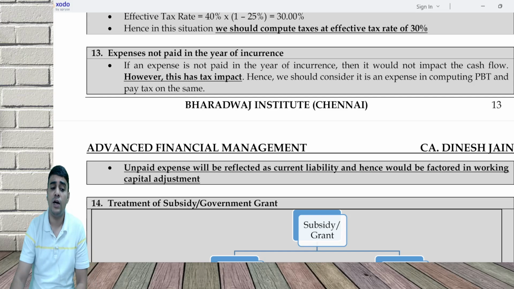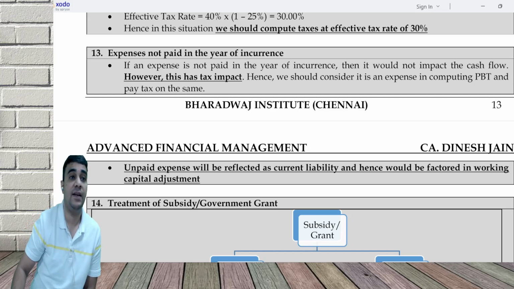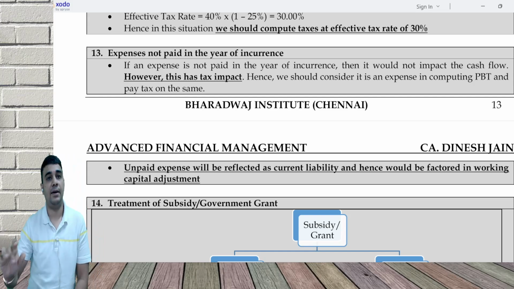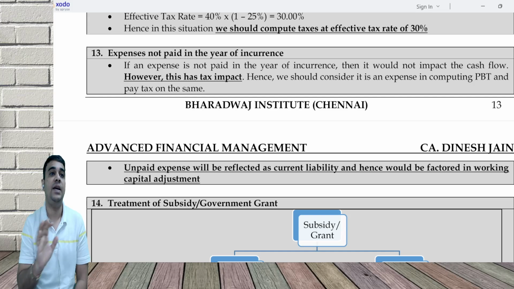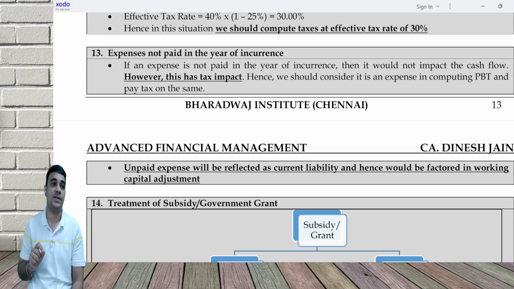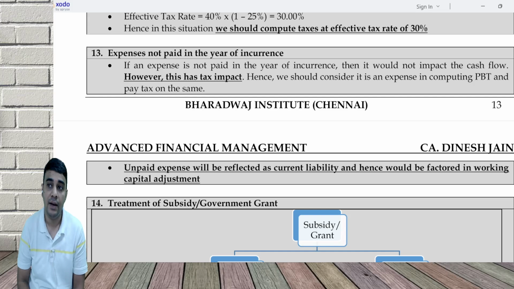If you do not pay any expense in the year of incurrence, it doesn't really matter. For income tax, it is an allowed expense. So till PAT, no changes. If you do not pay anything, it is a current liability. Current liability will come as part of working capital adjustment.